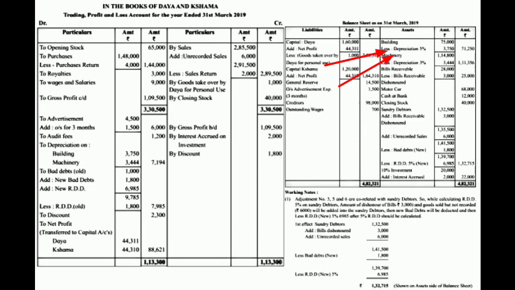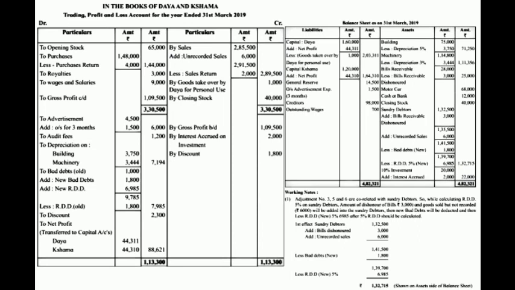On the asset side you can see building, we have deducted depreciation 5%, and after that machinery, we have deducted depreciation 3%. The 5% of 75,000 comes to 3750, and in machinery the 3% is of 1,14,800. The 3% comes to 3,444. After deducting, we have to write the amount in the outer column.